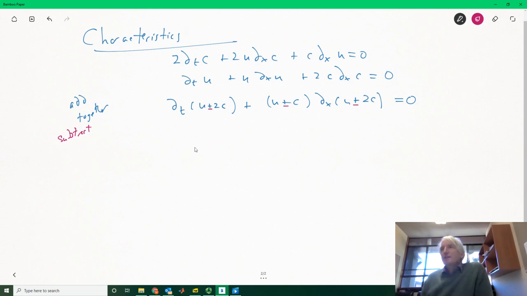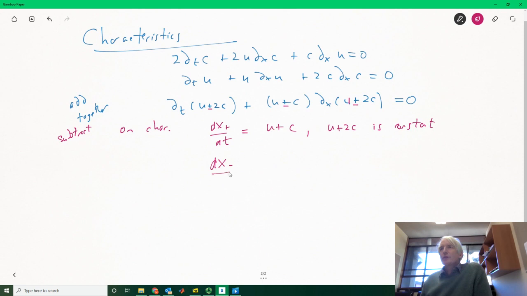So what this tells us is that on the characteristics given by dx over dt equals u plus c, the quantity u plus 2c is a constant. It's quite a powerful statement.